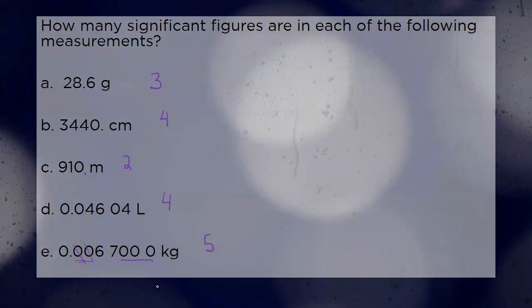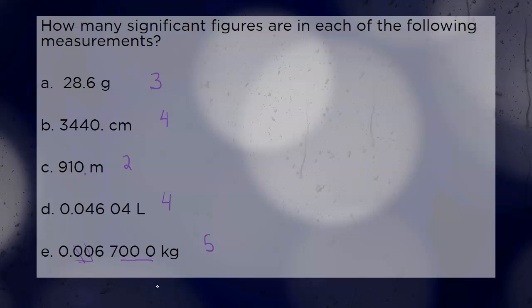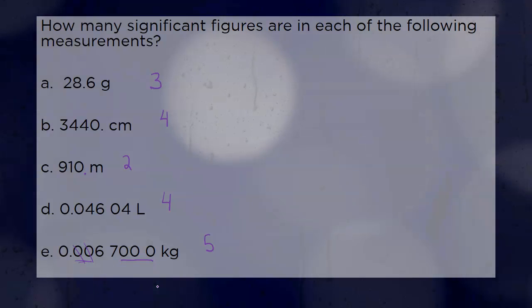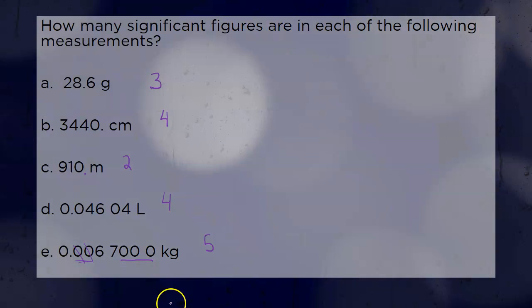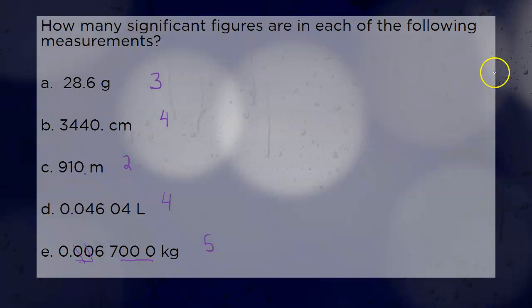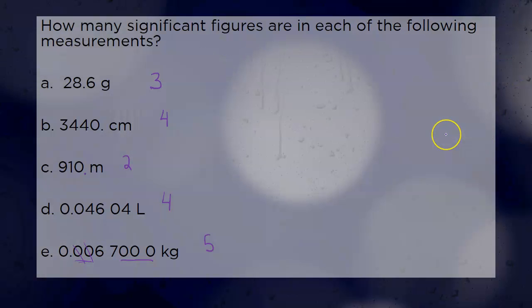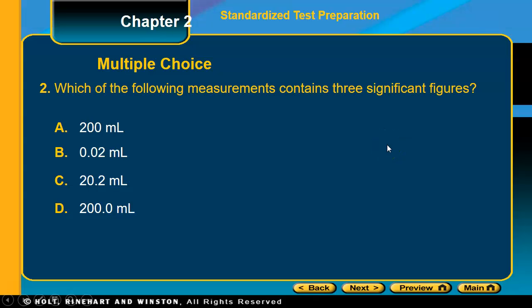Not every 0 to the right of the decimal. So 0067000, that has 5 because all 3 of those zeros counted. So you can see how the rules with zeros get a little tricky sometimes. So let's see if we can get this one. Which one would contain 3 sig figs?